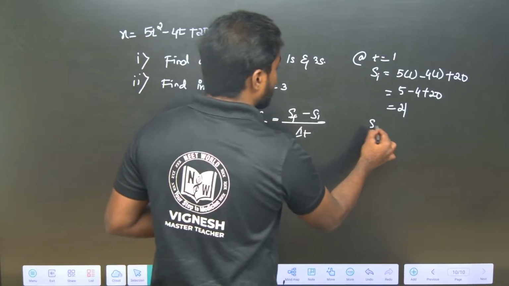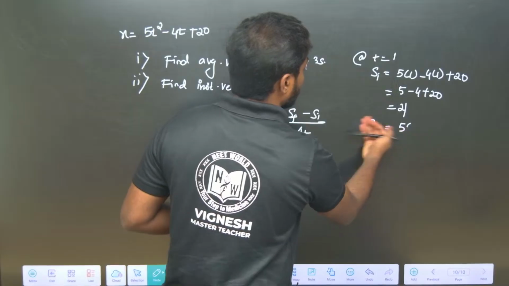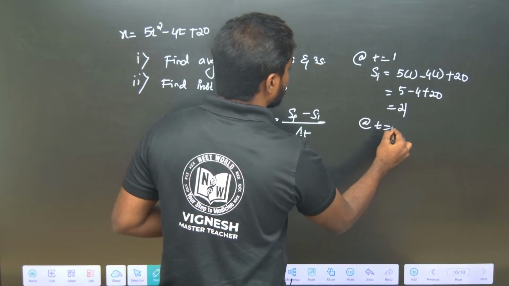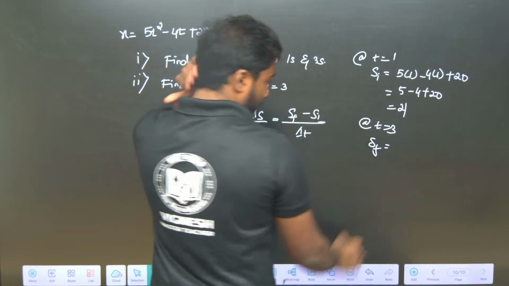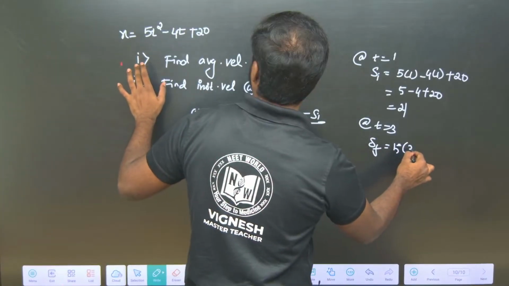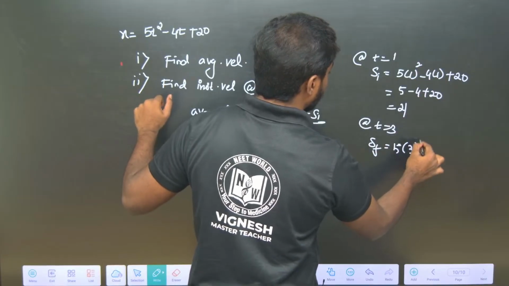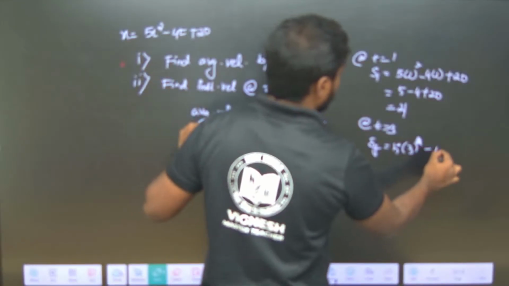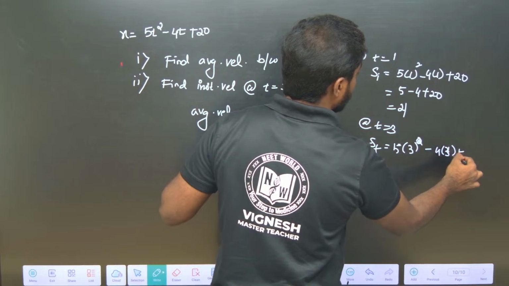Final SF will be equal to, at t equals 3, 5 into 3 the whole square minus 4 into 3 plus 20.